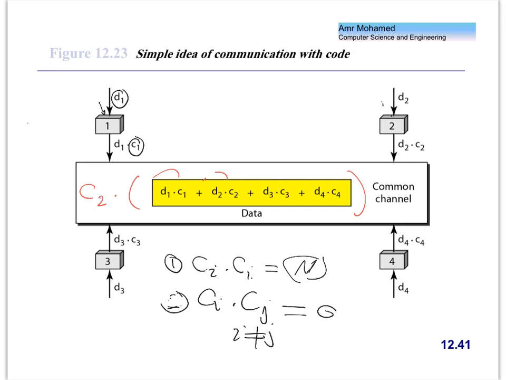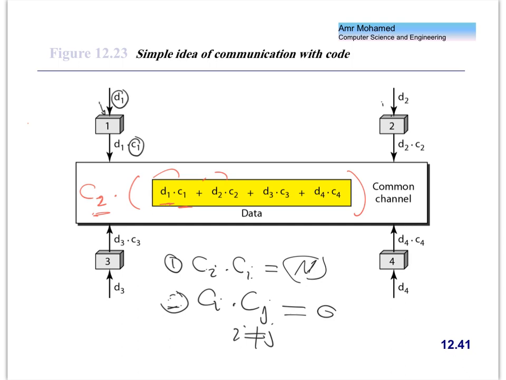By just taking this code and multiplying it by the composite signal, what is the result? C2 multiplied by D1C1, what is the result? 0. C2 multiplied by D2C2 gives D2N. So all the items will be 0 except for the data from station 2, which will be amplified.